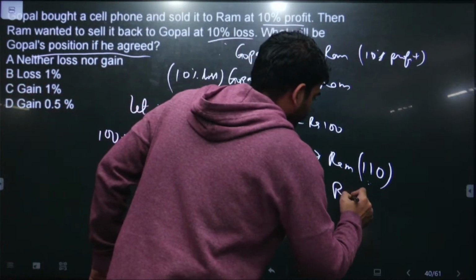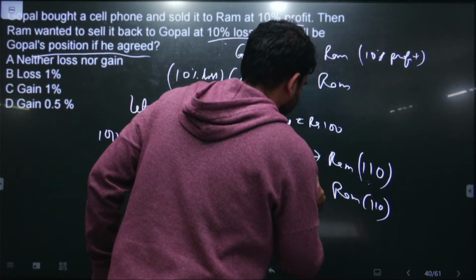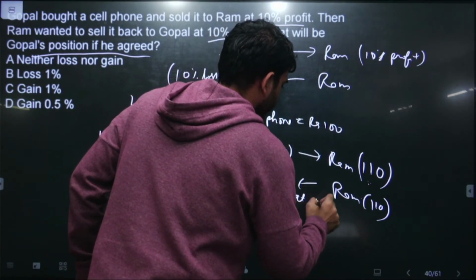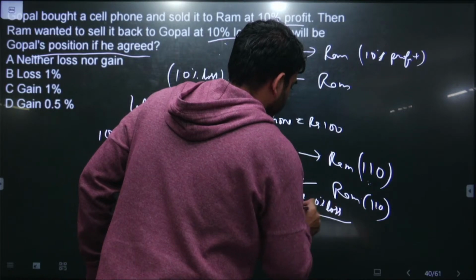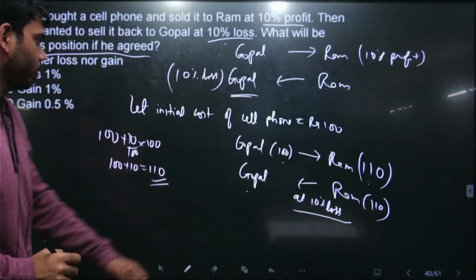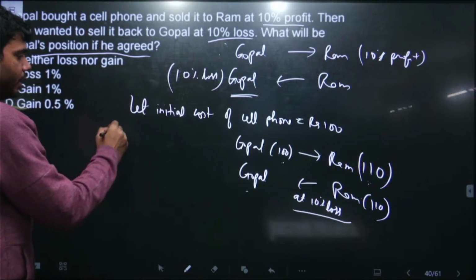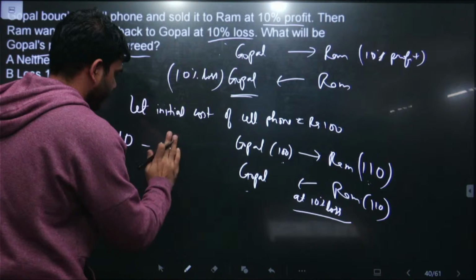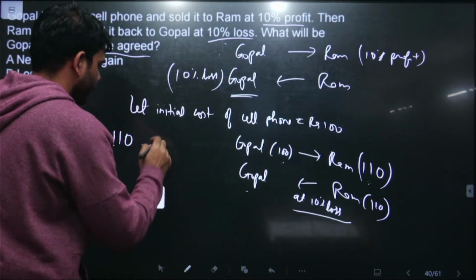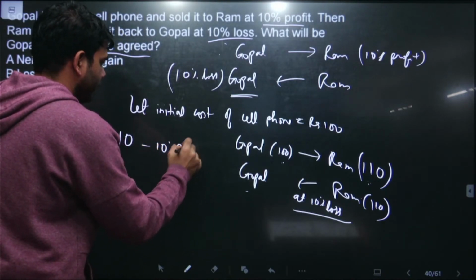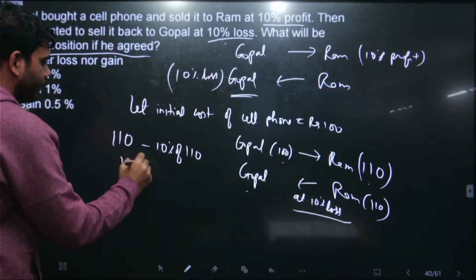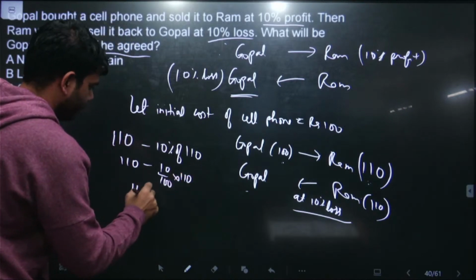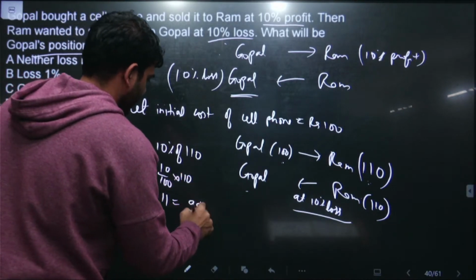Now this Ram is selling it back to Gopal at 10% loss. 10% loss in the sense 110 रुपए का he is selling at 10% loss, minus 10% of 110. This thing minus 11. This is 99.